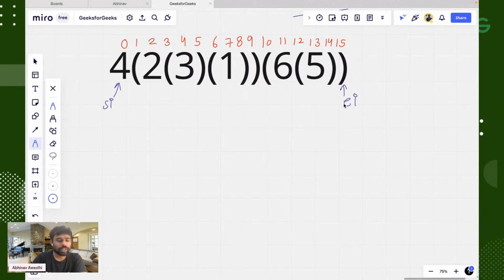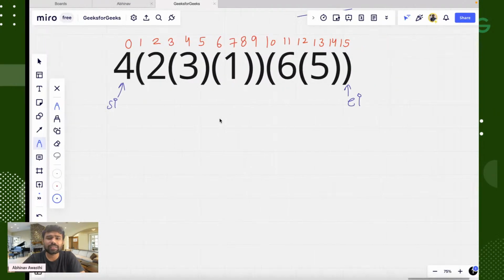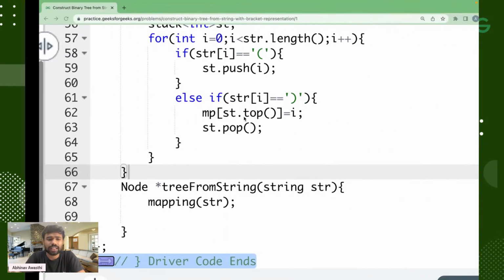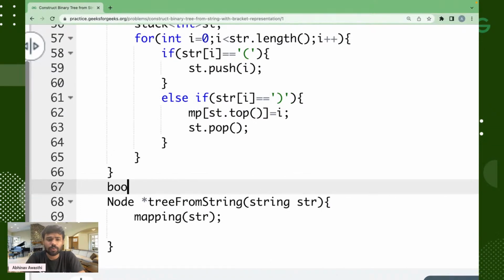index. For this function we also need one more helper function, to determine whether the current character where we are is a digit or a bracket, because there are two types: either we can have a digit or we can have a bracket. So we will write a small isDigit function. Let's write boolean isDigit, taking a char ch.